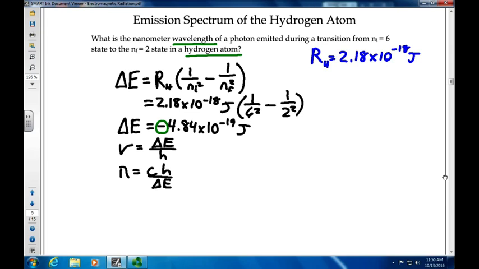So coming back to the other side here, we can list our two constants. We have speed of light, which is 3.00 times 10 to the 8th meters per second. We have Planck constant, which is 6.63 times 10 to the minus 34 joule seconds. And now we also have our delta E, which we can work into this equation.